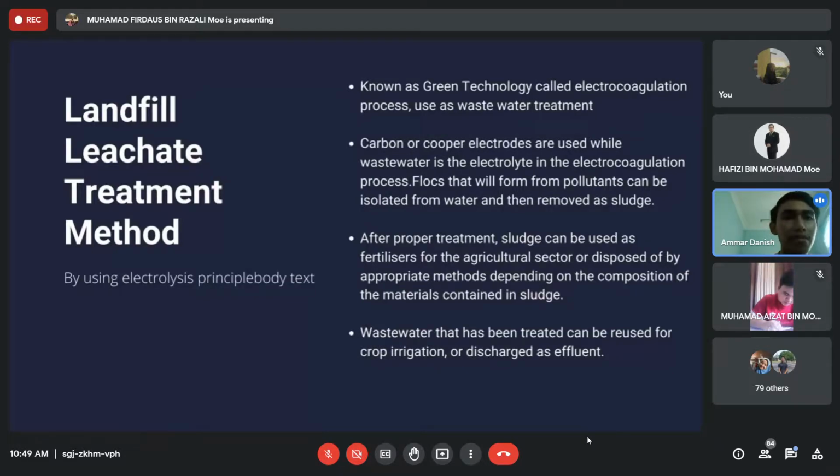Flux will form from pollutants that can be isolated from water and then removed as sludge. After proper treatment, sludge can be used as fertilizer for the agriculture sector or disposed of by an appropriate method, depending on the composition of the material contained in the sludge. Then the treated wastewater can be reused for crop irrigation or discharged as effluent.